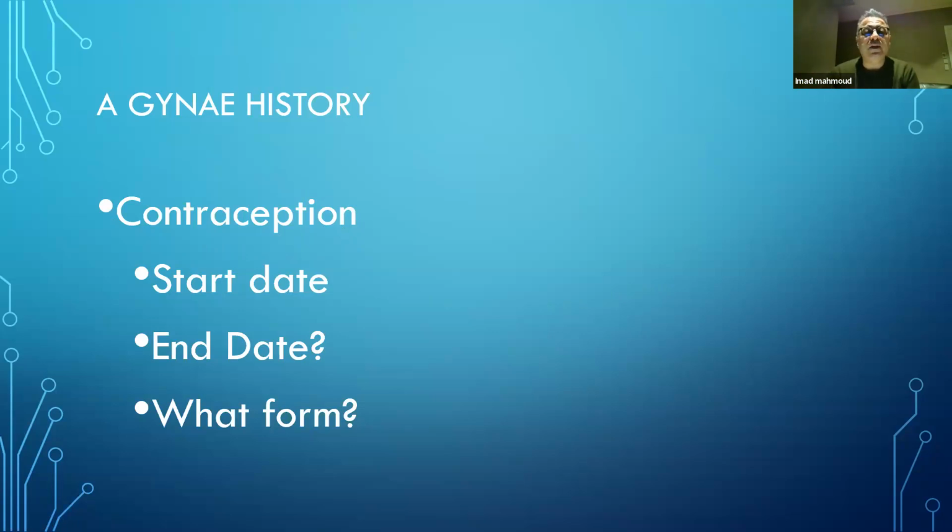When did they stop taking it? And what type of contraceptive pill are they taking? Is it combined, estrogen and progesterone, or progesterone only? You need to know what type of contraceptive pill they're taking.